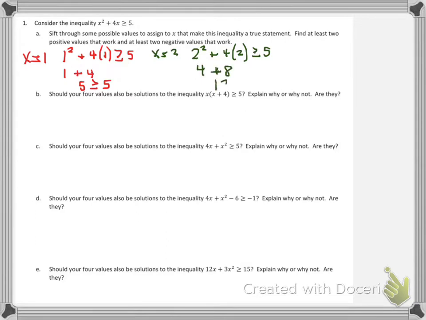So that would be 12 is greater than or equal to 5, and that's also true. So it looks like if I just pick any number 1 or bigger, then it will make it true. And that means that the numbers that will make it false would be something other than that. So I've got a couple of positive numbers, x equals 1 and x equals 2, that make the statement work.